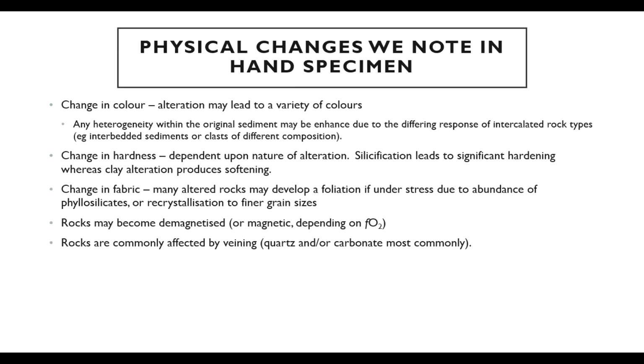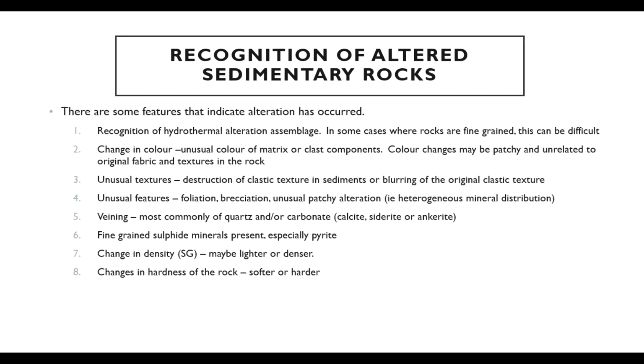So again, variations on a theme: changes in the form of the rock, changes in its fabric, its hardness, potentially its magnetism, and we might see obvious things like veining or the introduction of carbonate material. For sedimentary rocks, it's a bit more challenging, but try to use the features of the host rock to your advantage.